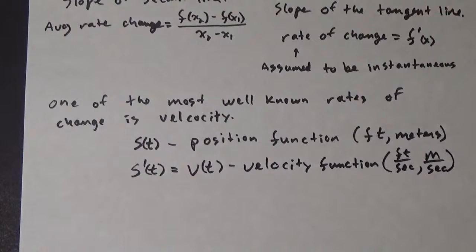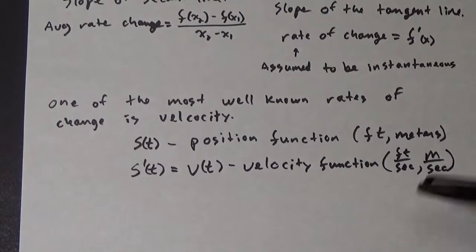You can do it over hours or days, feet per minute, meters per minute. But distance over time is the key. So you have to remember that if you're given a position function, the derivative of the position is the velocity.